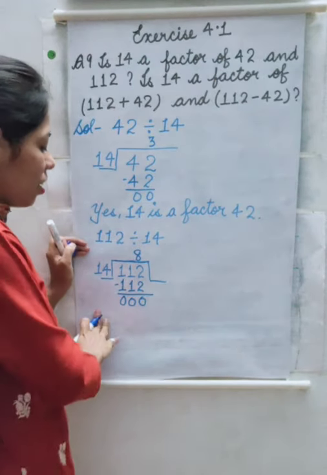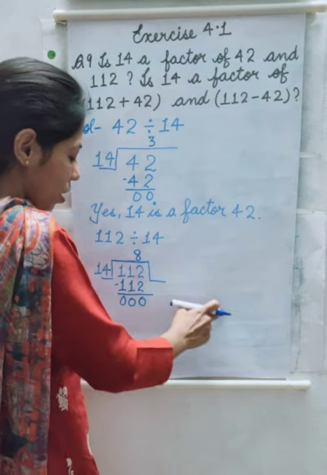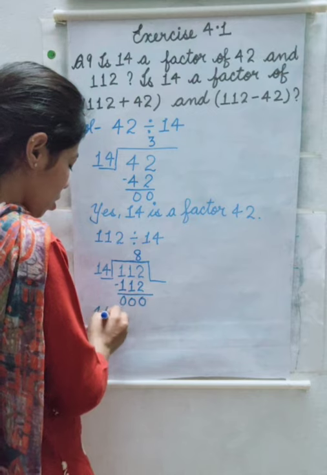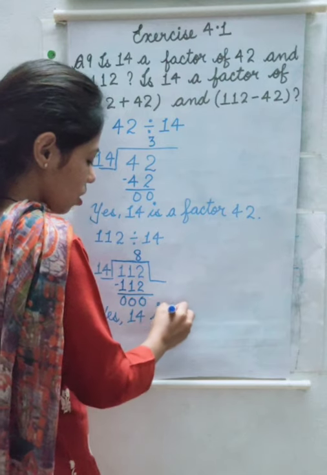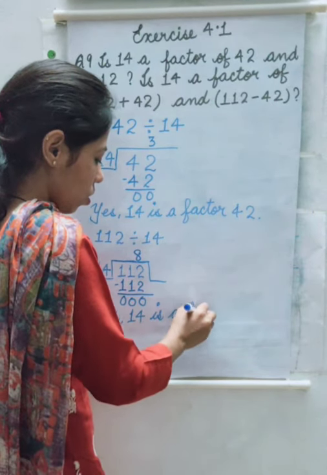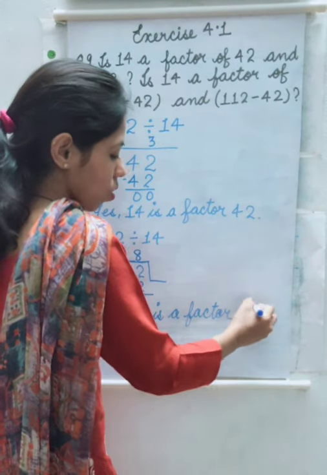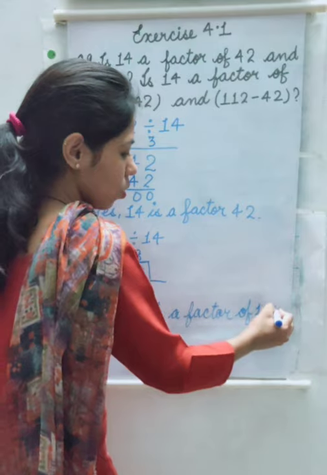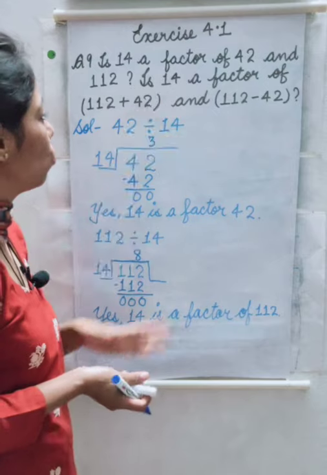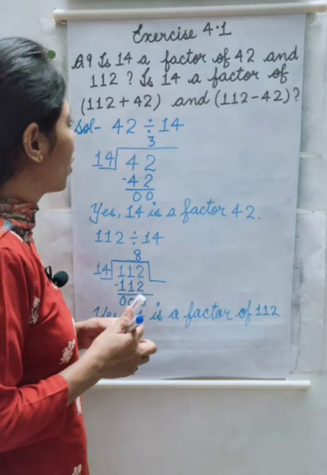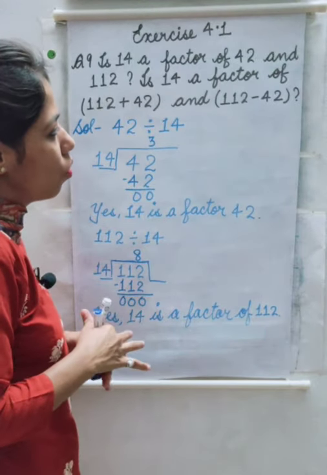So we can say that yes, 14 is a factor of 112. So this was the first part of the question. Let's move to the next part. Is 14 a factor of 112 plus 42 and 112 minus 42?